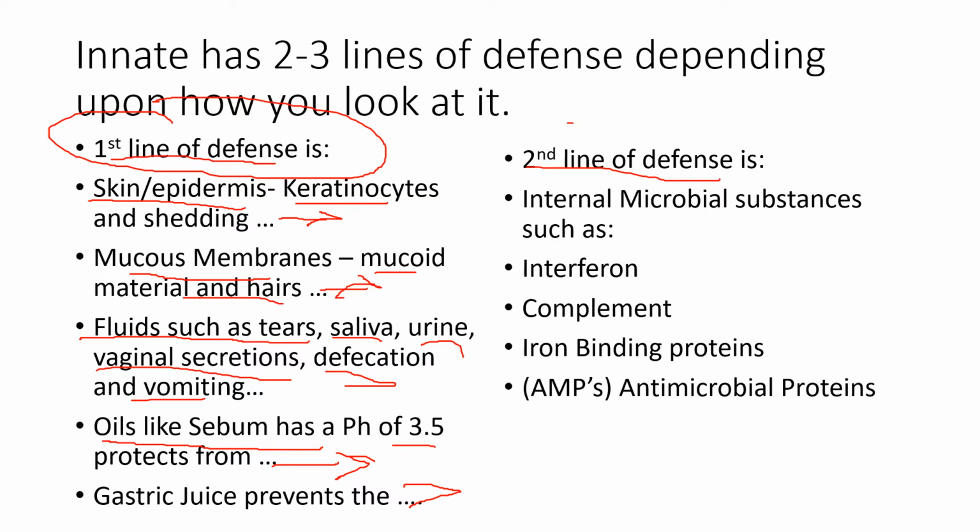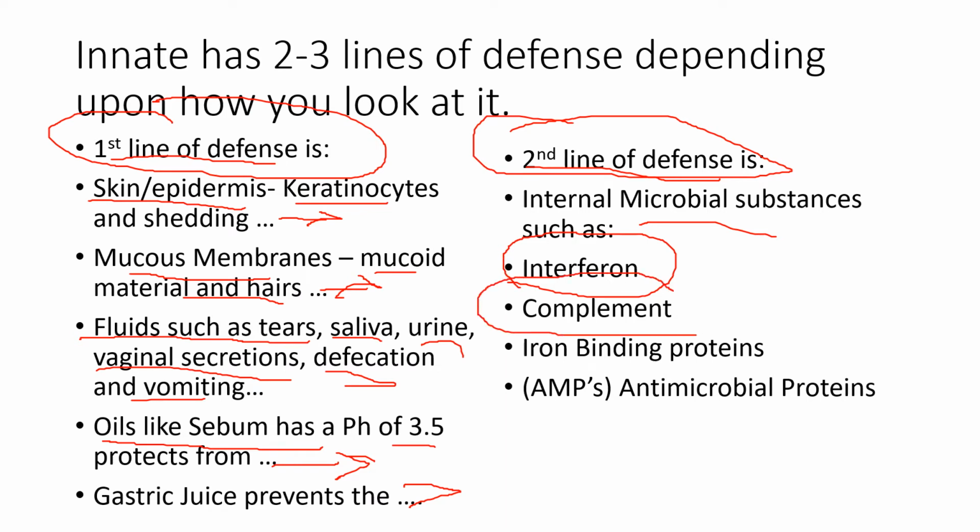Our second line of defense is these substances that are found in our body, in our plasma and in between cells. So you have these internal antimicrobial substances, such as interferon. This is a really cool one. It's produced by infected cells. We'll talk about that. And then we have the complement system, which is made up of 35 different proteins that are produced by the liver, but they're circulating and they're inactive until they become activated.